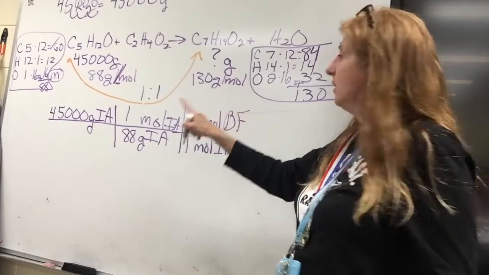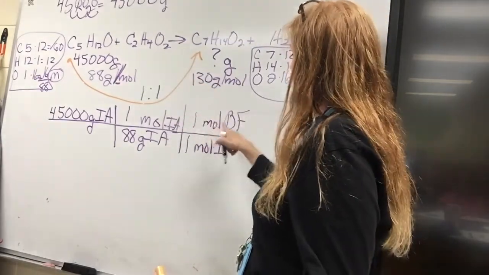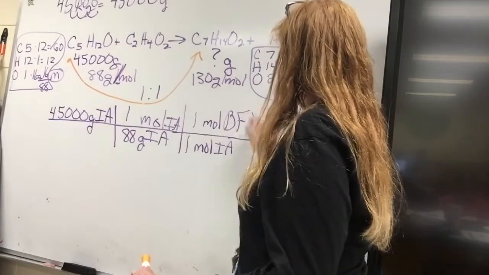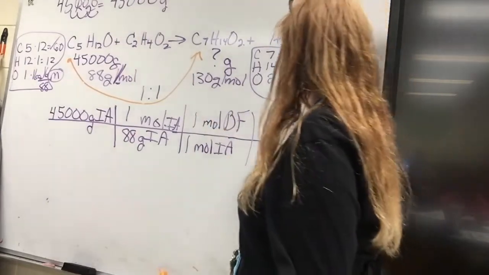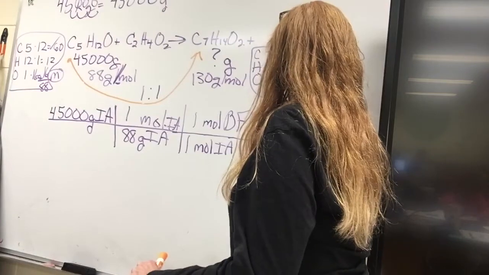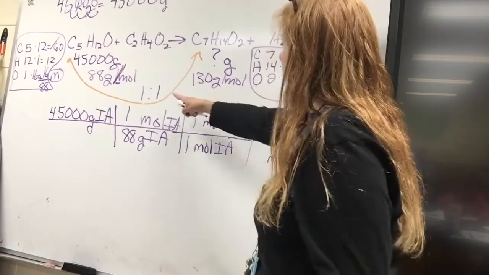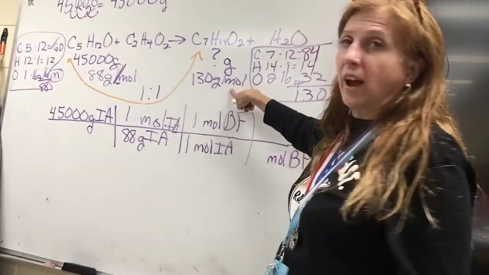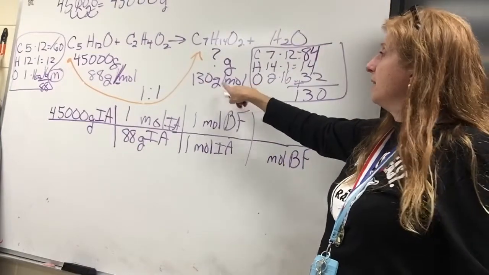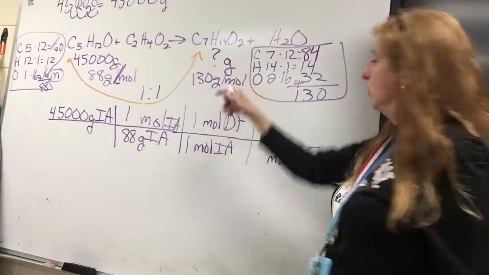Good with that idea? Okay, so now as we go on around, what goes down here? Moles of banana flavoring. Okay, and where is that mole? It's right here. Yeah, 130. So what is the number that goes with that mole? 1.